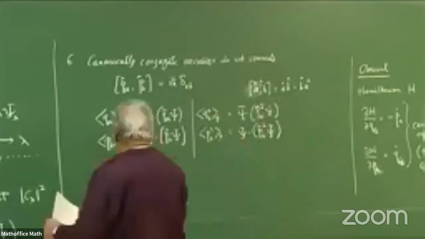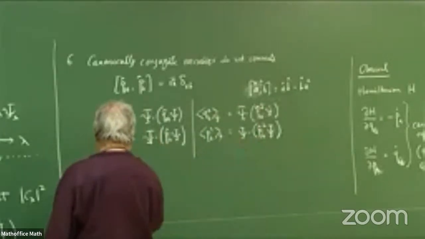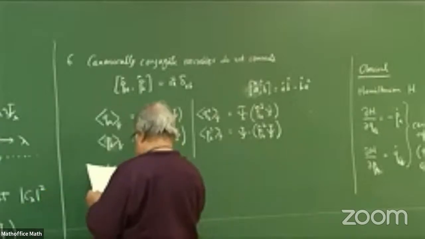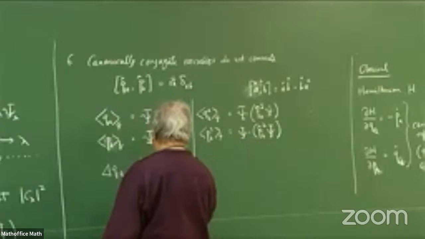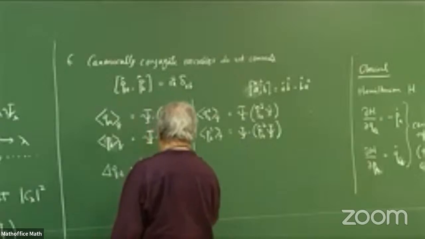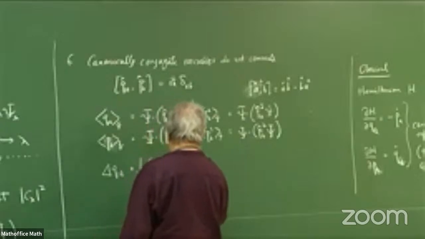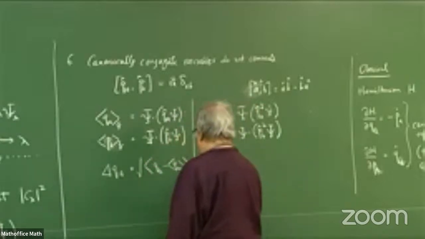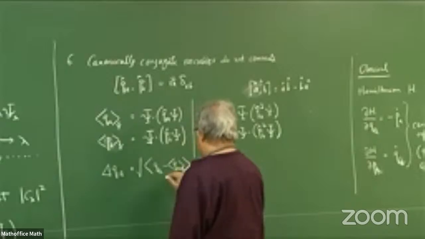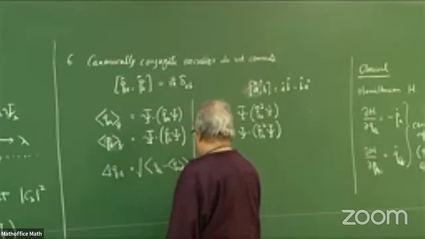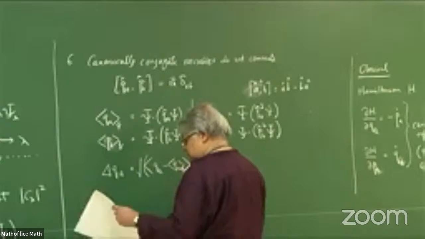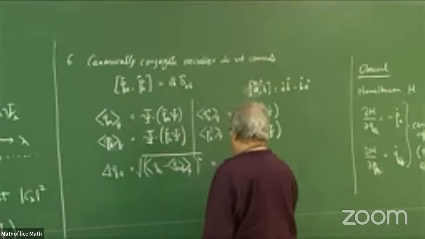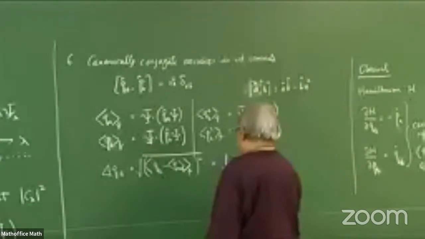In that case, I can define a variance, or a standard deviation rather, which is Q_A minus the expectation of Q_A over psi, both over psi, whole squared, which comes out to be the ordinary standard deviation formula.